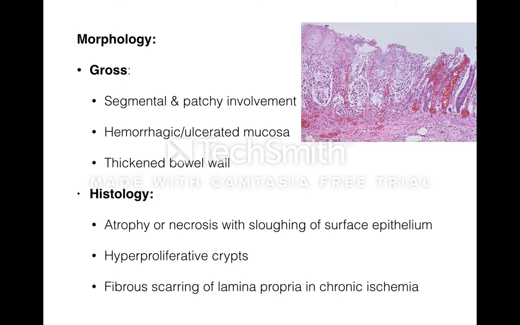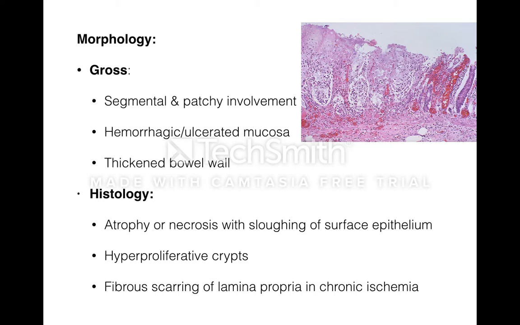On examination, involvement is often segmental and patchy. The mucosa appears hemorrhagic and ulcerated. The bowel wall is also thickened from edema. On histology, there can be atrophy or necrosis with sloughing of the surface epithelium. You will also see hyperproliferative crypts, and that's just from the intestine attempting to regenerate.